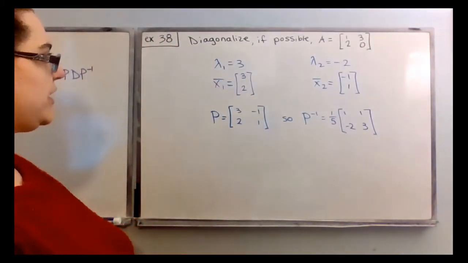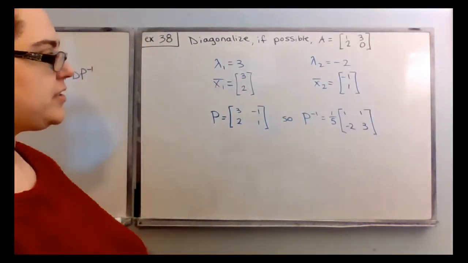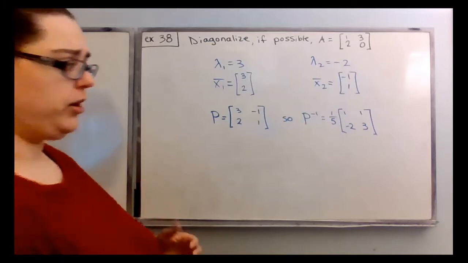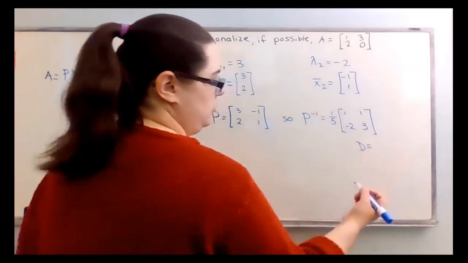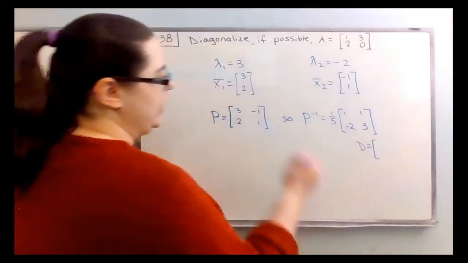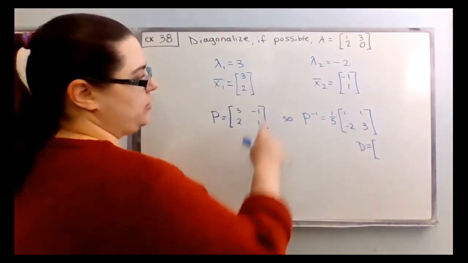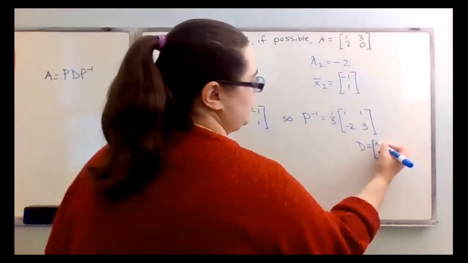So let's check to make sure we can diagonalize this. What we said before is that the diagonal matrix we should get is going to have the eigenvalues along its diagonal. So we have 3 and then -2.